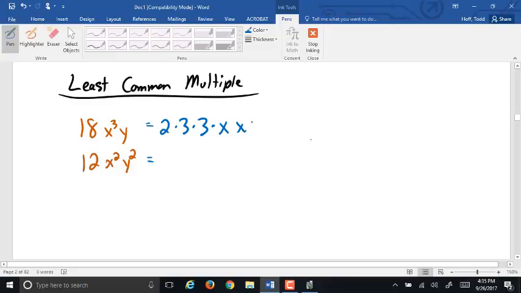Then the x to the third is just 3 x's, and then the y. 12 would factor 2 times 2 times 3. The x squared is just 2 x's, and the y squared is just 2 y's.